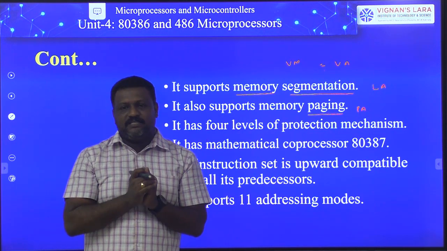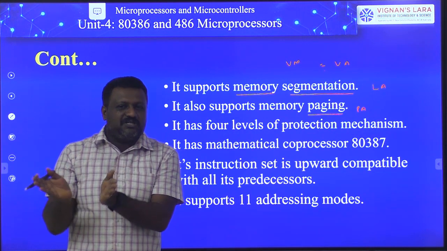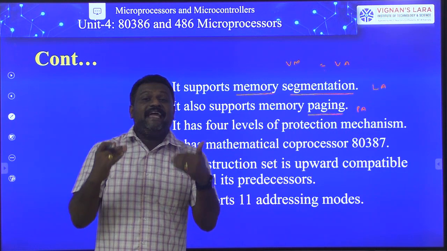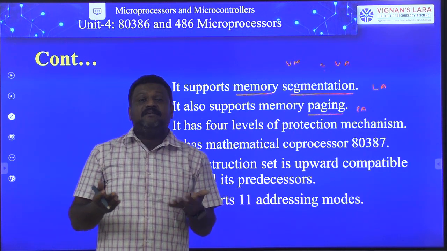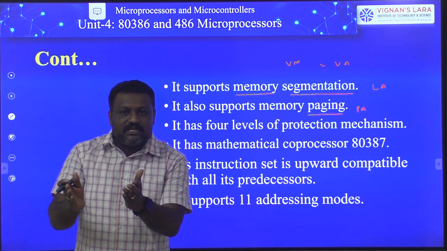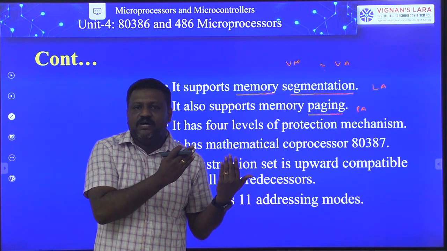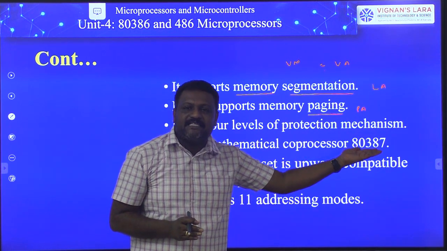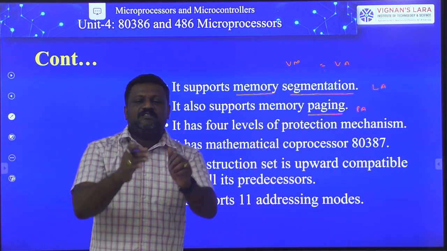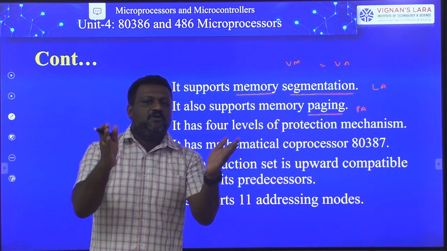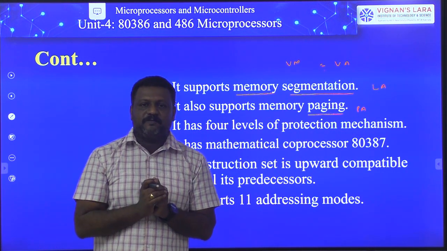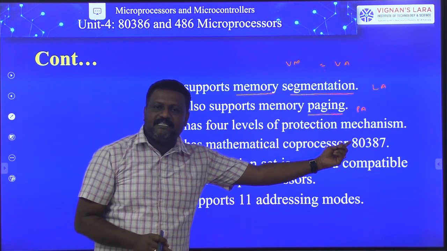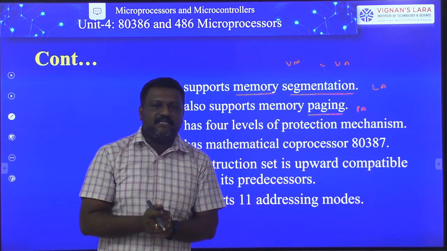Then what the 80386 does is, it simply bypasses those instructions to this coprocessor, the 80387. The 80387 takes care of those mathematical instructions. It executes them and sends the results back to the 80386. It means that by utilizing the 80387 in your system, we can reduce the burden on the 80386 when it has to do different mathematical operations. So the 80386 has a coprocessor, the 80387, which takes care of mathematical operations.